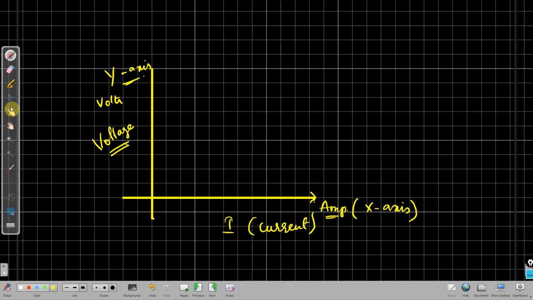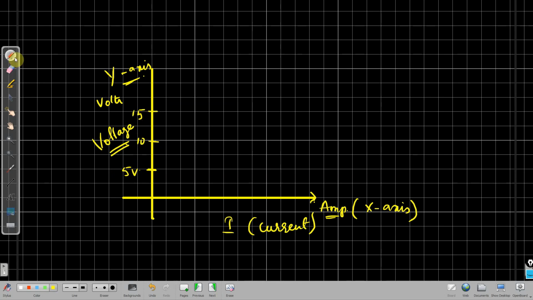Let me just divide this unit. We had every single unit, we had changed the values in 5, right? So let me take each 2 units of the graph as 5 volts. So another 2 units will become 10 and another will become 15.